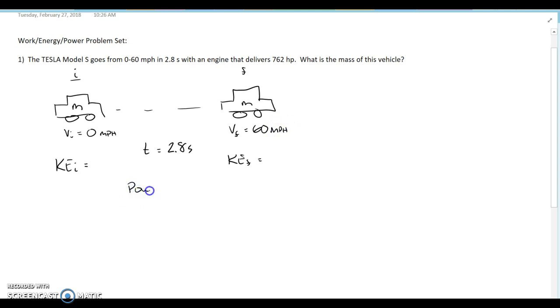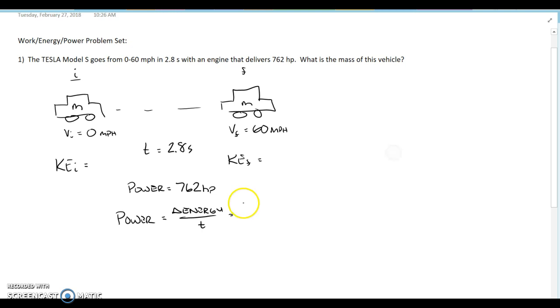The power of the motor is 762 horsepower. And power is equal to the change in energy over the amount of time it took to change that energy. And in this case, the kind of energy that's changing is its kinetic energy.